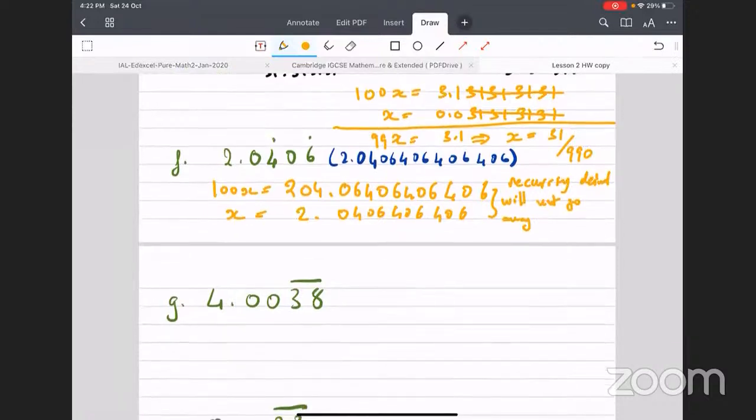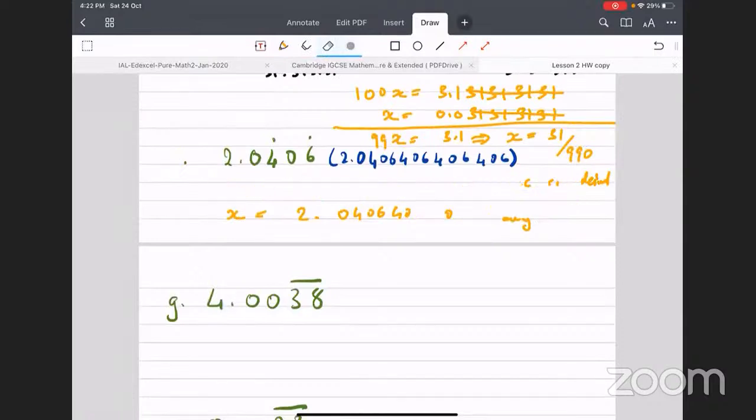So let's try it by 1,000. Let me solve it.